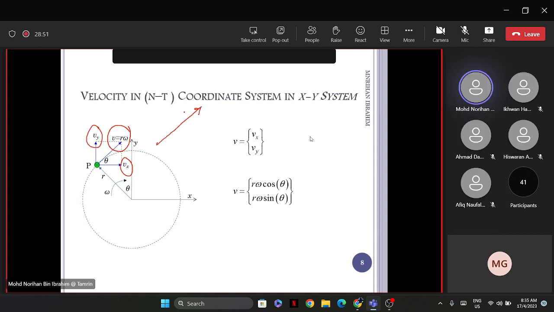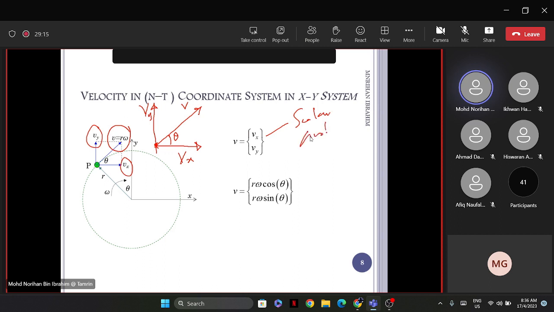So we will get this V. This is Vx. This is Vy. Let's say it has an angle of theta, for example. So V is equal to Vx, Vy in the scalar form.